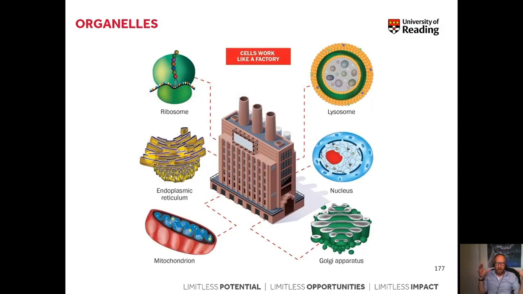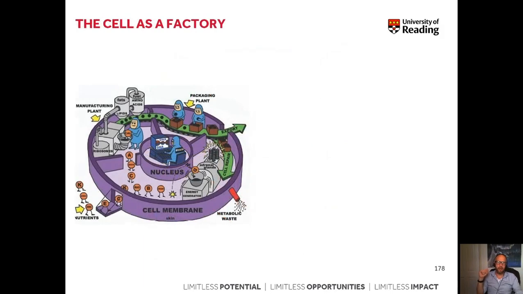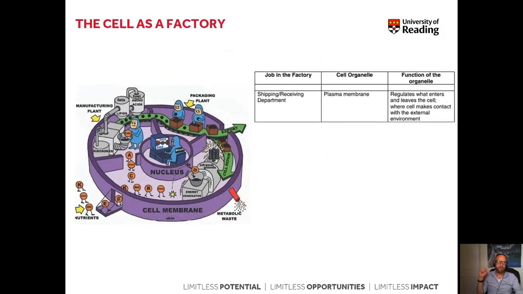In order to help you remember all those functions, we could think about the cell as a factory, with every single organelle doing a different part of the job. In this model, the plasma membrane is the shipping and receiving department, because it regulates what enters and leaves the cell.